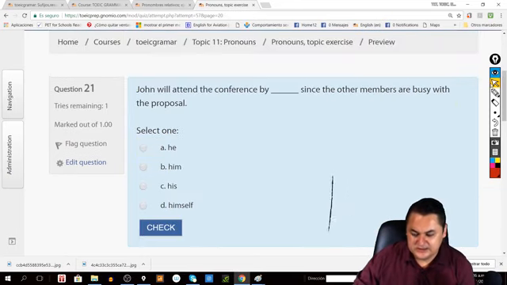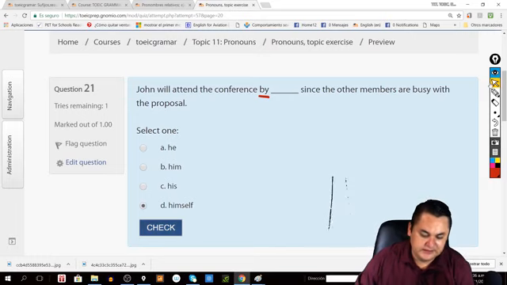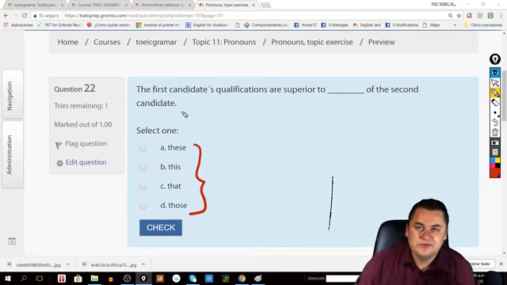Now, in this exercise, we have the preposition by, which simplifies the exercise itself. By using this preposition, we can find the answer very quickly, to say, John attended the conference by himself. So in this exercise, we are going to match the pronoun that best suits the sentence.